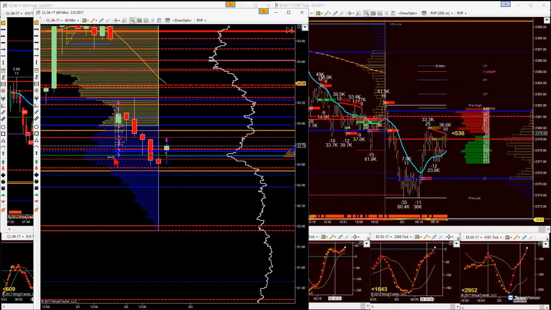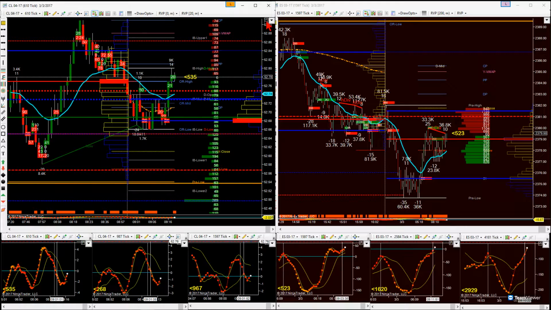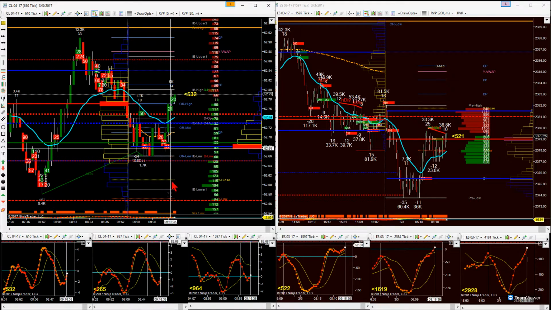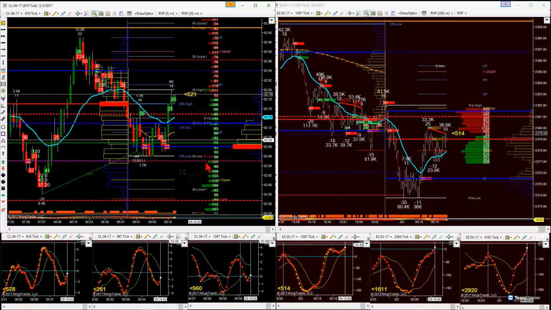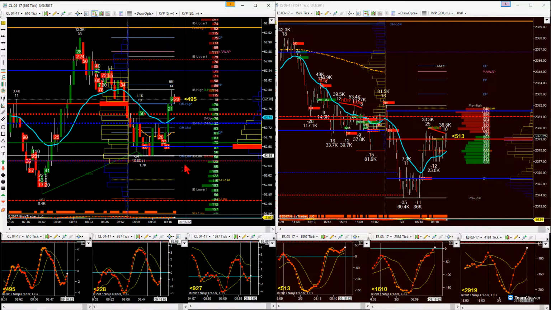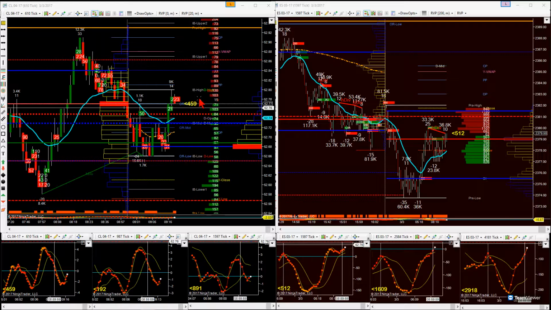We've tested this former VPOC as we saw happen yesterday at the open, and then we push back up. So we're going to just take a seat on the sideline for a second. Nice ability there to stay out of getting into a larger position.